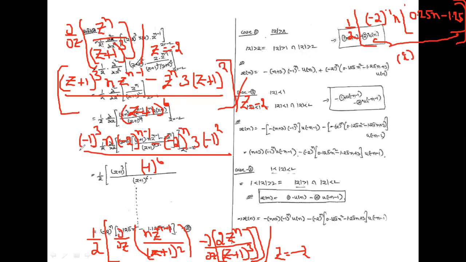Before that, there is a minus, my dear students. For this function there is a minus, the total function is multiplied by minus. Minus 1 whole power 6 becomes a positive value.